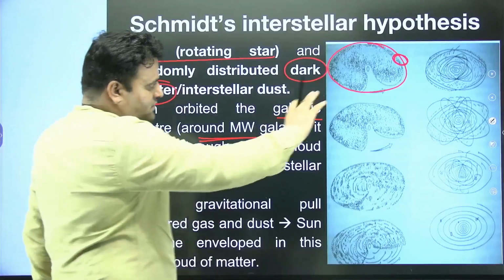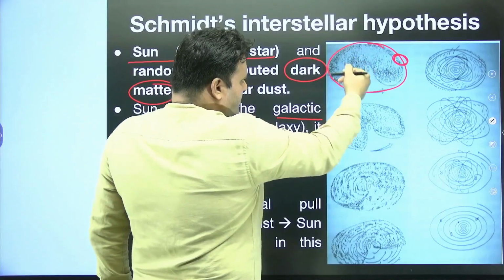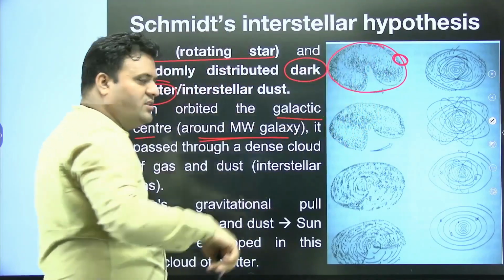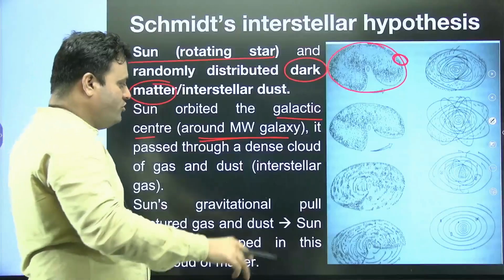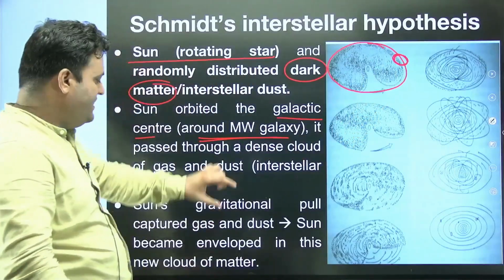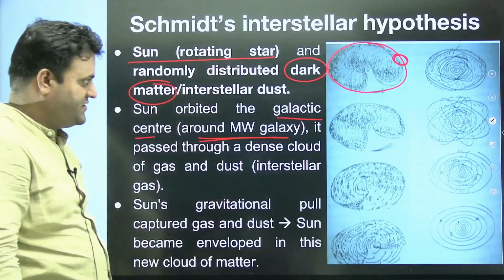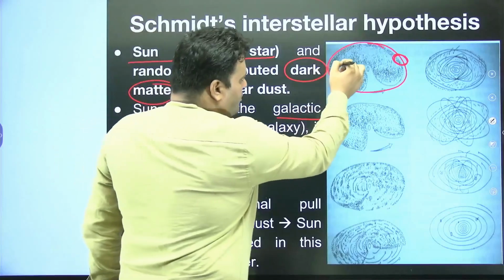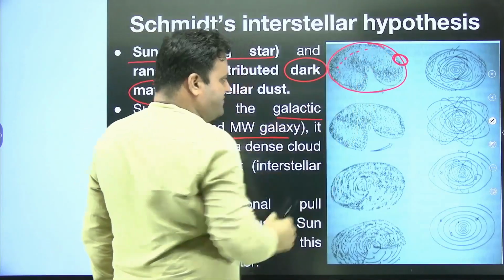And while the sun was revolving around the Milky Way galaxy, there were also dense clouds of dust or interstellar material. So here you can see these dots are the interstellar material.